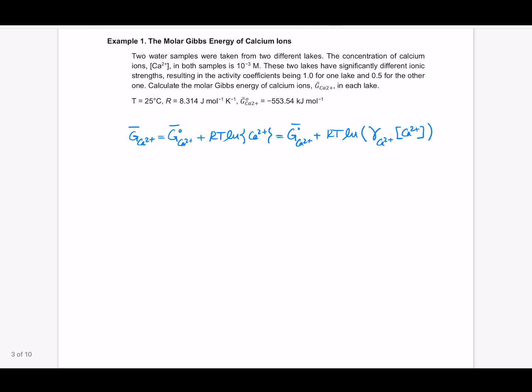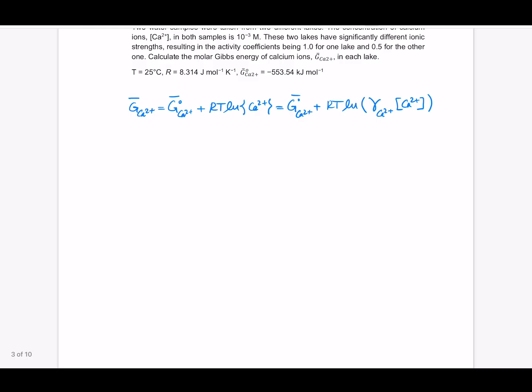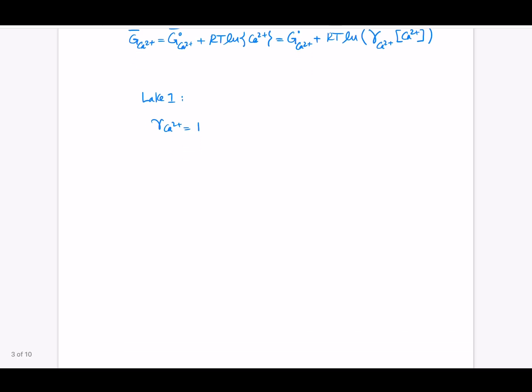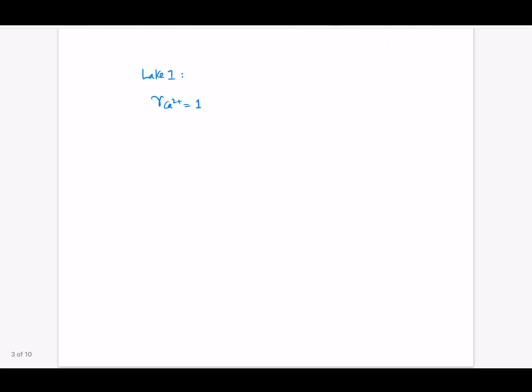And now what we need to do is, for lake 1 and 2, the only difference is basically the activity coefficient. So for lake 1, we have the activity coefficient of calcium to be 1. So we're assuming this is pretty dilute, the ionic strength is pretty low, so we're assuming this to be sort of an ideal solution.